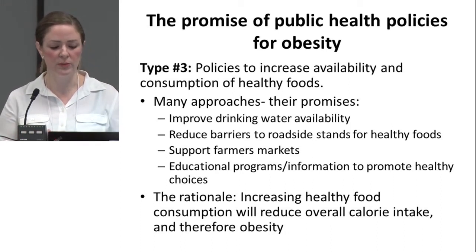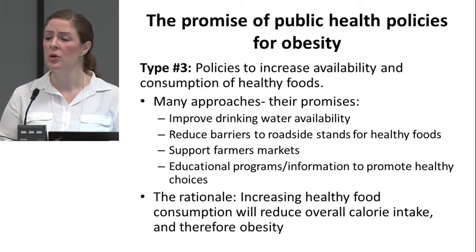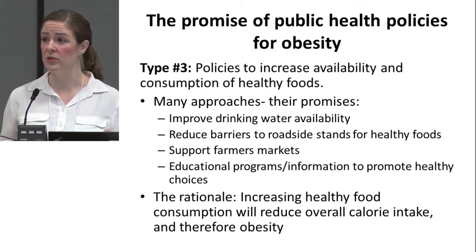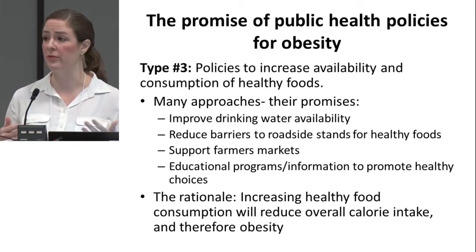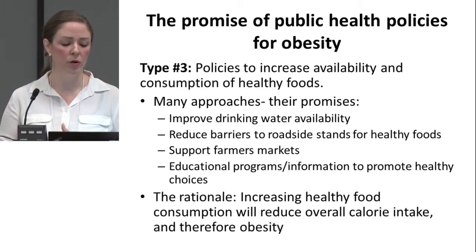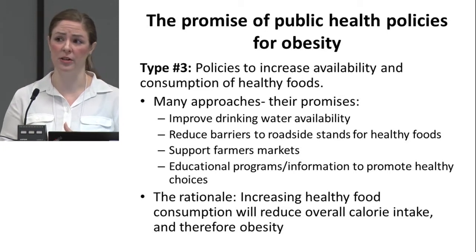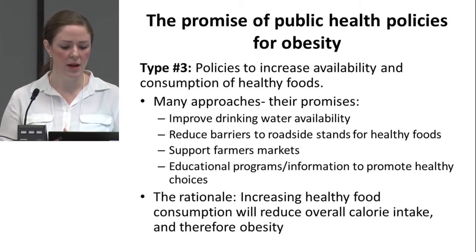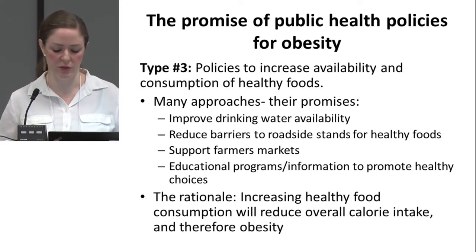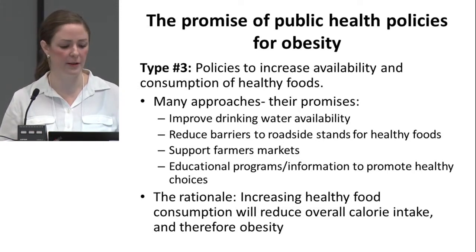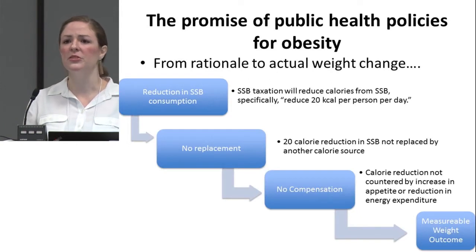Another example would be reducing barriers to roadside stands for selling fruits and vegetables so that people can have more access, or perhaps supporting farmers markets, or educational programs that encourage healthy food choices. And again, the rationale here is that eating that healthy food will lead to overall reduced calorie intake in the general public. So let's break that down.